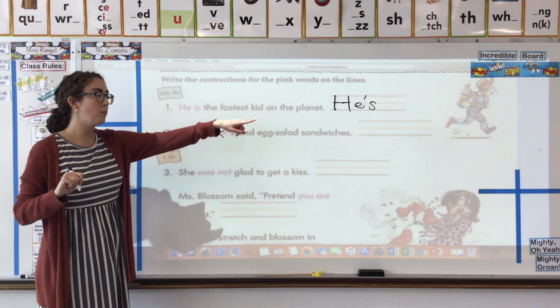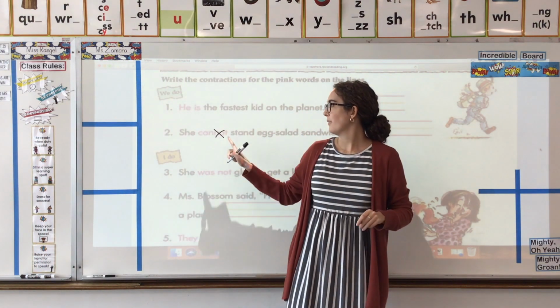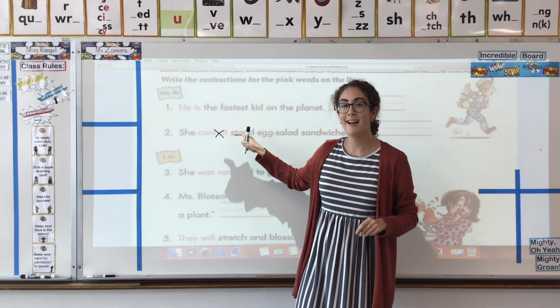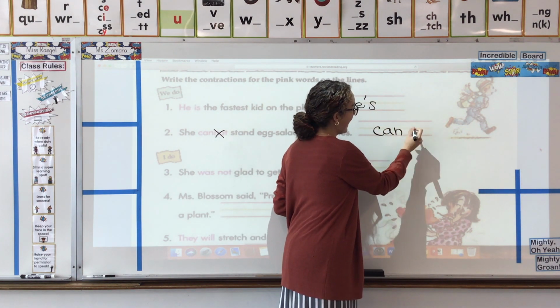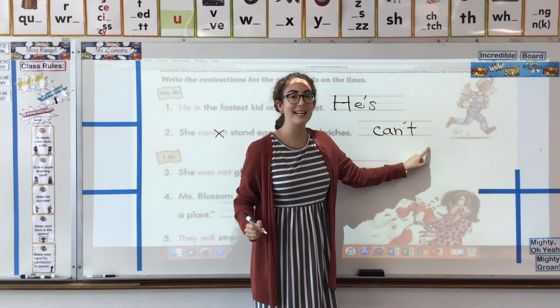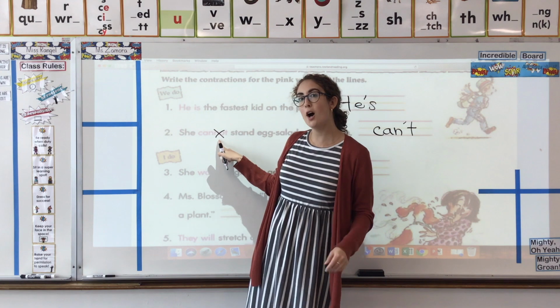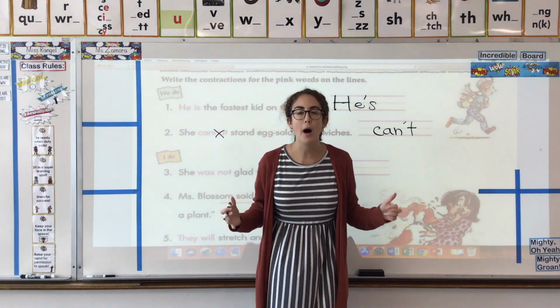So cannot will become what? Can you write it out? Cannot will be C-A-N apostrophe T. Can't. The N and the O are no longer there, but in its place is an apostrophe.